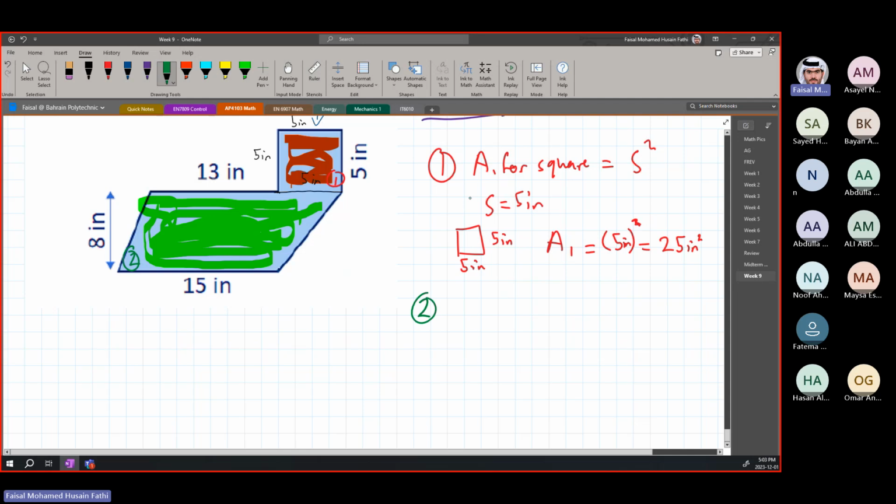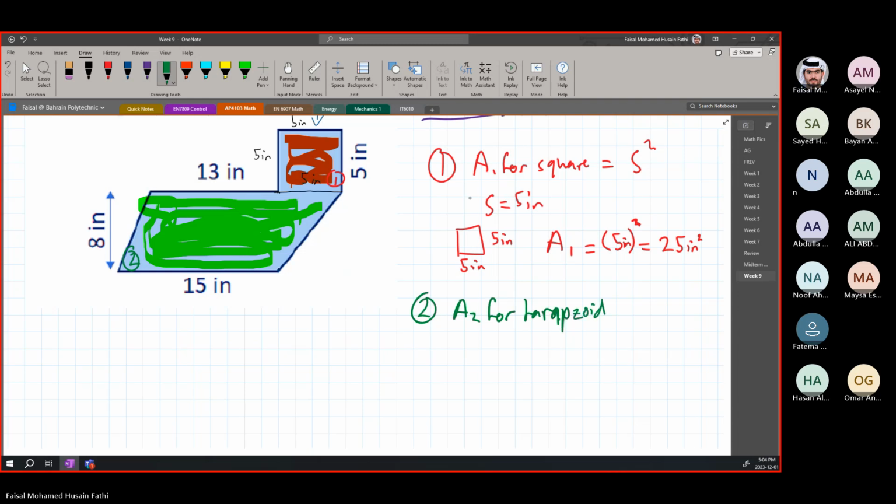Area 2 is the area of a trapezoid, or a trapezium. The area for a trapezium, if you guys remember, is (A plus B) times H divided by 2.